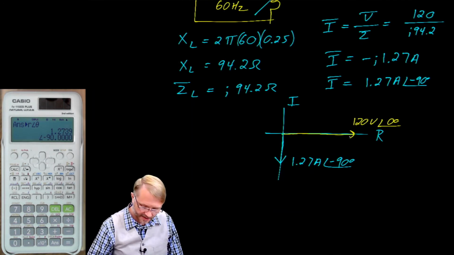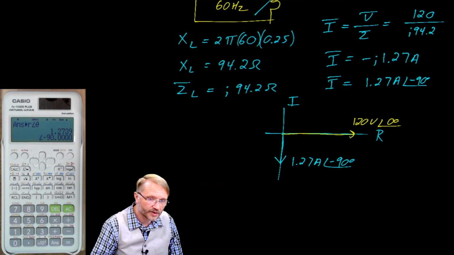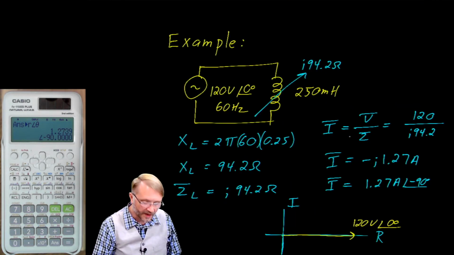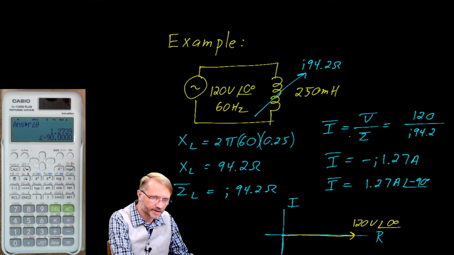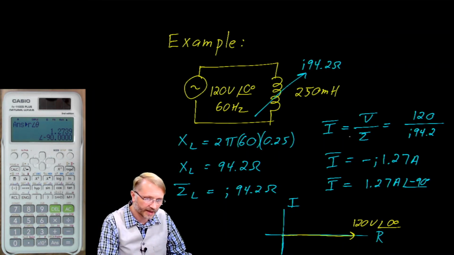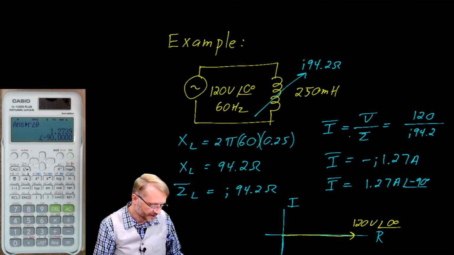Because the voltage vector and current vector are at 90 degrees relative to each other, we could say that no work is done. The energy in the inductor will be stored, and then it will be returned. And you end up with this energy flowing back and forth between the inductor and the power source.